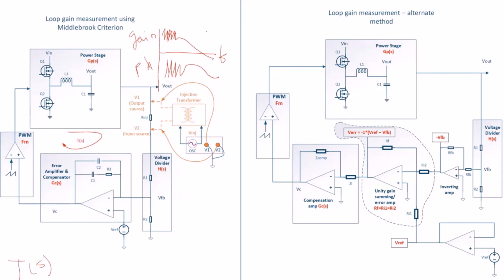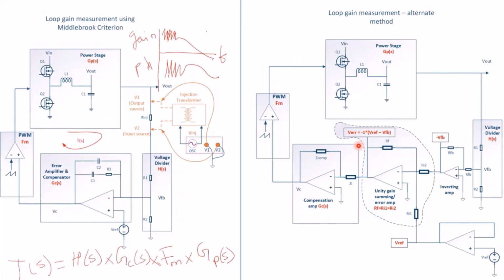T of S is Hs times Gc of S times Fm times Gp of S. So it is the multiplication of all these transfer function blocks.